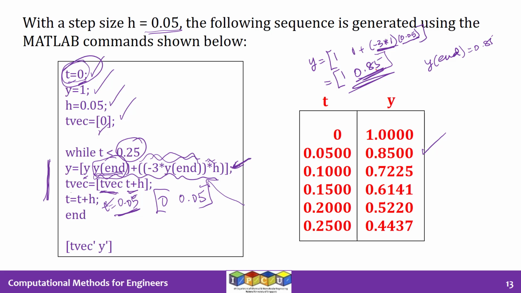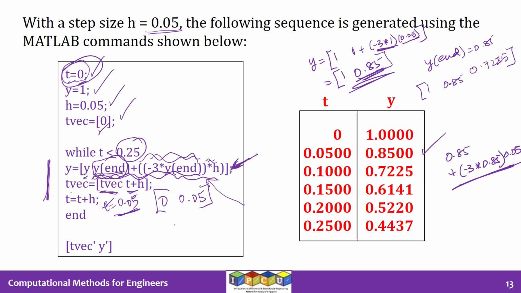So to 1 and 0.85, you will append y end plus minus 3 times y end times h, which is 0.85 plus minus 3 times 0.85 times 0.05. So this will be the new value that is appended. At the execution of this line, y will have 3 elements: 1, 0.85 as described earlier, and this calculation will give us 0.7225. So we have calculated the value of y at 0.1.